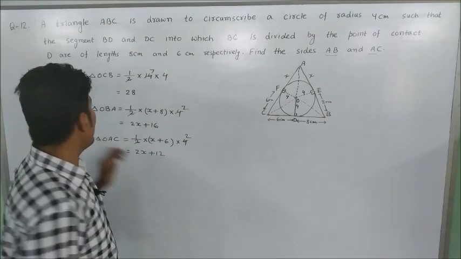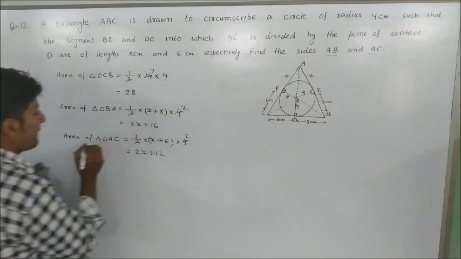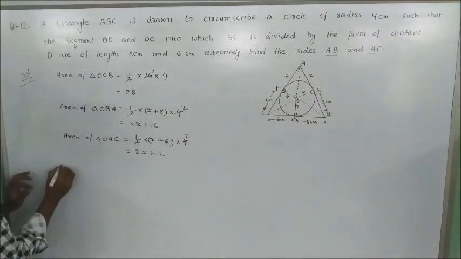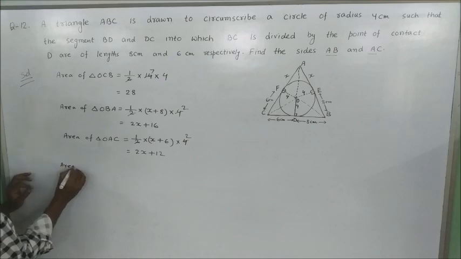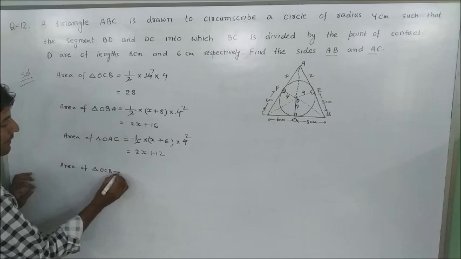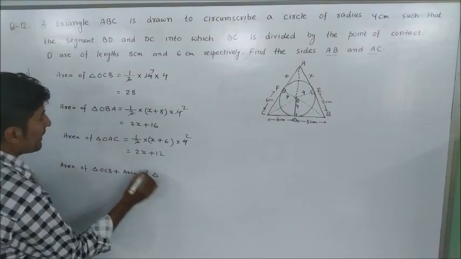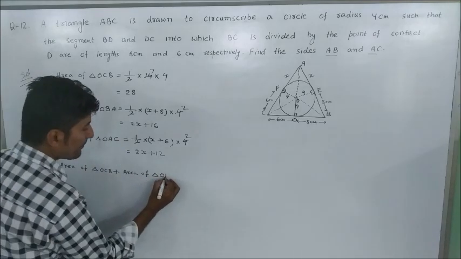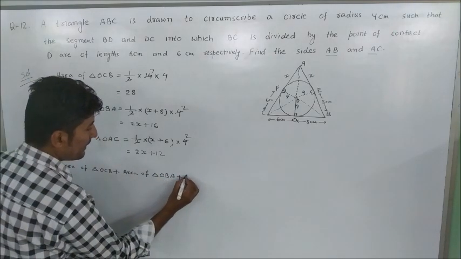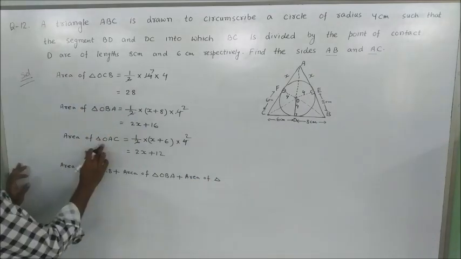After that we will add all these areas together. Here we can write area of triangle OCB plus area of triangle OBA plus area of triangle OAC.